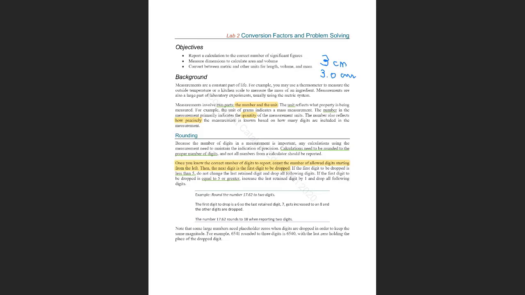The units are the same, both are centimeters, but in the number, one has 1 sig fig, the other has 2 sig figs. So the number expresses the quantity, that is 3, and how precise the measurement is. We will go over it later, but 3.0 is obviously more precise than the number 3.